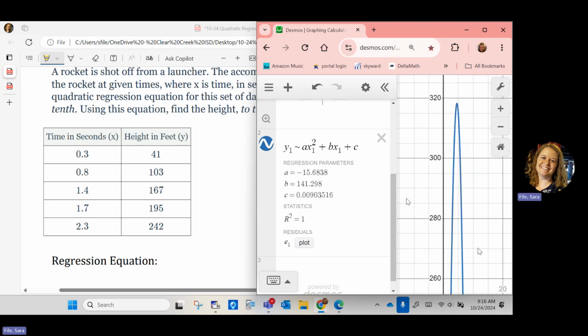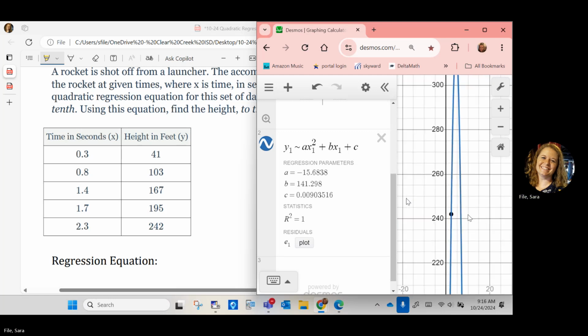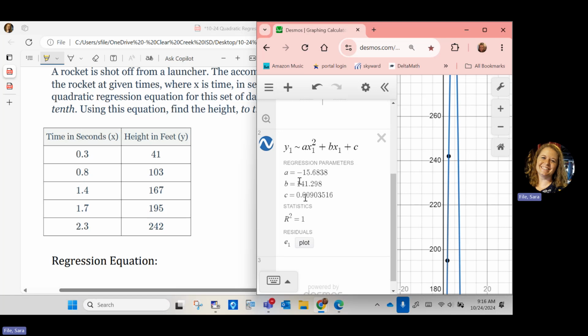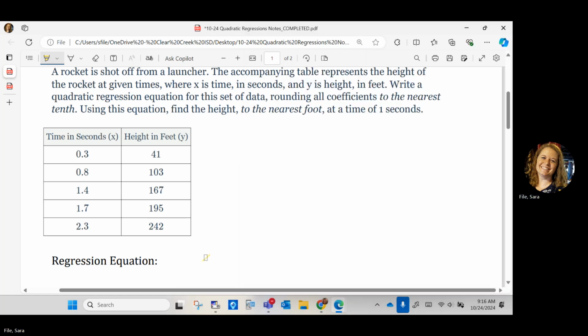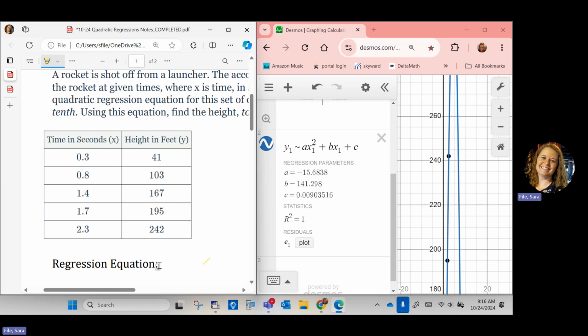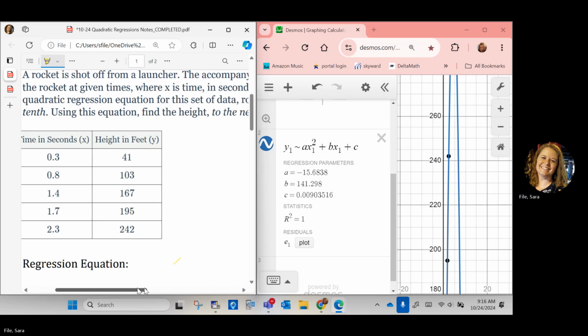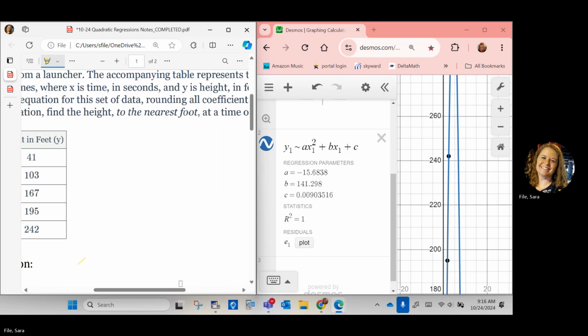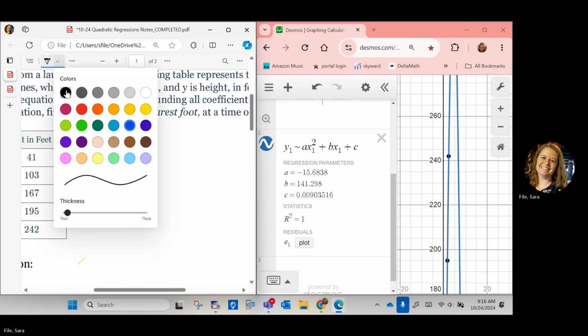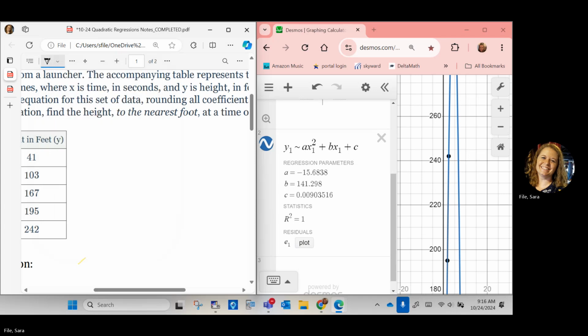So now we want to write the equation for this parabola. They give us the A, B, and C to do that. Let's split the window here. So I'm going to label A, B, and C that I got from Desmos.